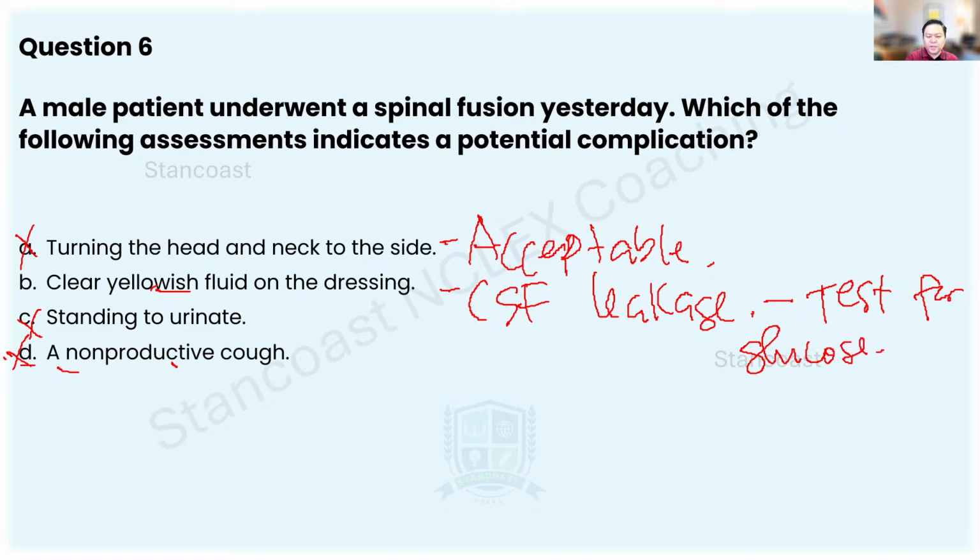Now, what is the risk if there is going to be leakage of the cerebrospinal fluid into the dressing? Remember that we are talking about spinal fusion. That involves the creation of that incision. There will be placement of the implant, that artificial gel-like disc, and there's also placement of the rods and also the screws.